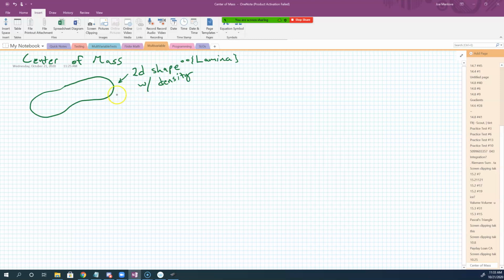And what I'm going to search for is the center of mass for this thing, which is going to be the point on which I could balance it. Right? So I could put a pin underneath this thing and balance it on top of that.